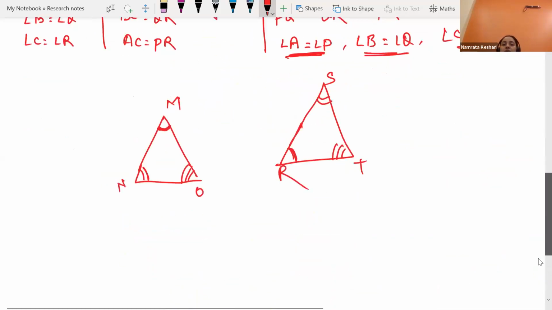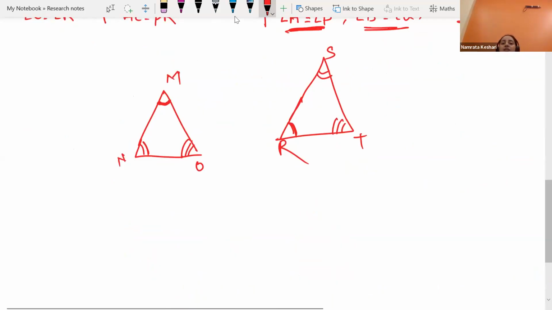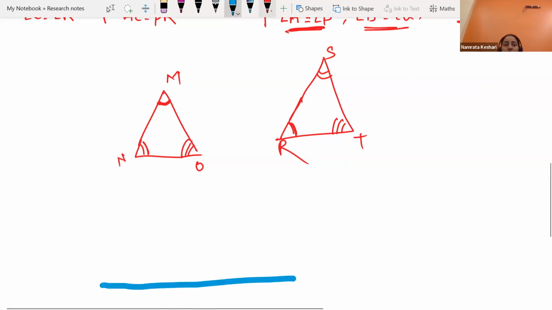Okay, so only angles don't justify that the sizes are the same, because in real life also you can check it. You can draw a bigger line, maybe of 5 centimeters, maybe of 10 centimeters, and draw 60 degrees over there. Then with the help of the protractor you can draw 50 degrees over here.